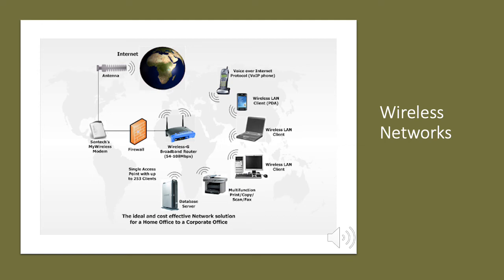It's done easily, and here there is minimum need to pull down buildings, walls, and dig through hard ground, etc. And the access to a wireless network can be from anywhere within the range of an access point.